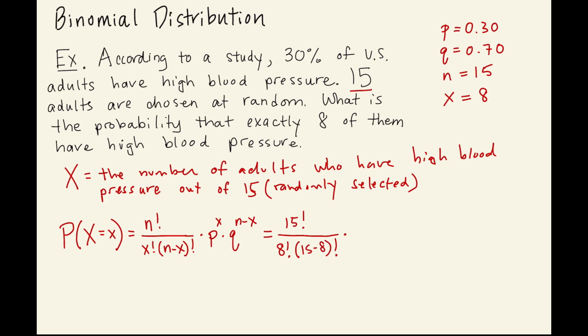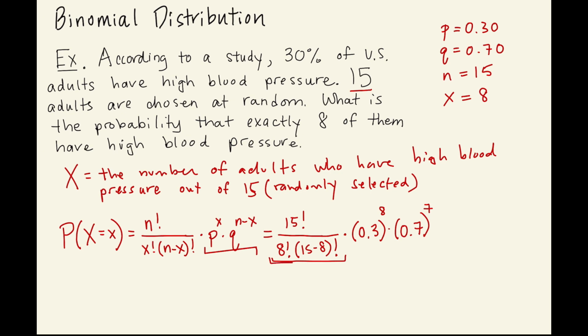And remember, this part of the formula gives us the number of different ways we can have 8 successes in 15 trials. This part is going to give us the probability of success for any one of these ways. So that's 0.3 raised to the 8th power times 0.7 raised to the 15 minus 8, which is 7. So this is our basic formula.